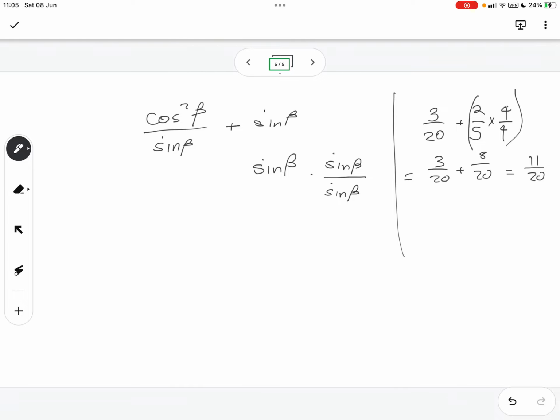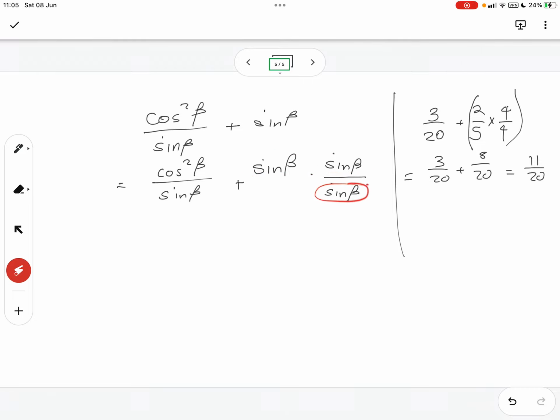And what I'll have is 3 over 20 plus 8 over 20, which is 11 over 20. You see? You multiply this so that it has the same denominator as that. Then you can just add or subtract the numerators because the denominators are the same.